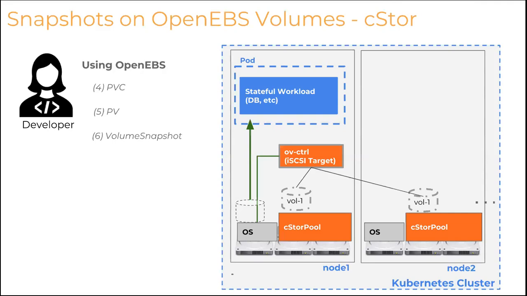At this point, the snapshot provisioner picks up that information and invokes the snapshot API that's running in the volume management sidecar in the volume controller pod. And the controller running there is going to pause the IOs for a millisecond or less, and then it creates the snapshots on all the replicas that are associated with that particular volume.